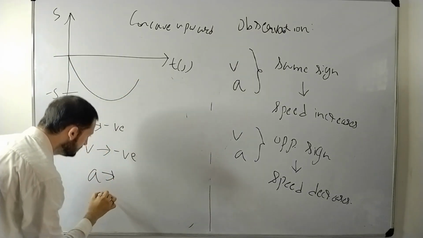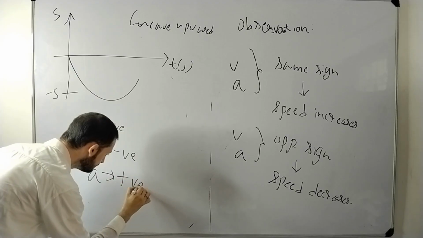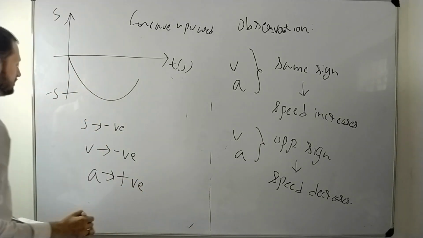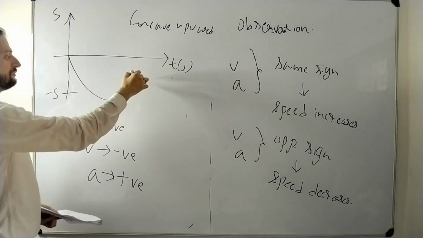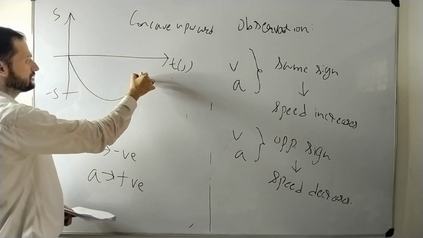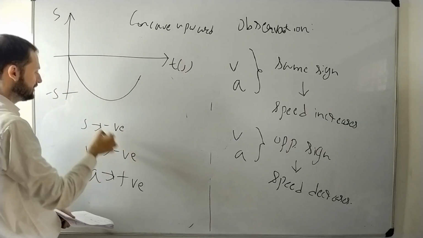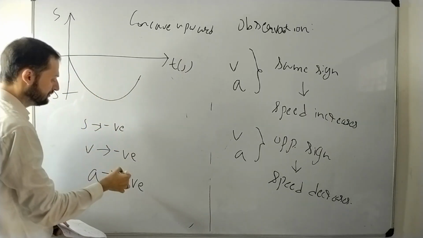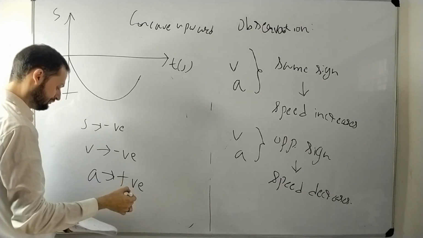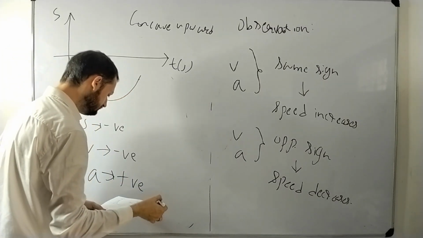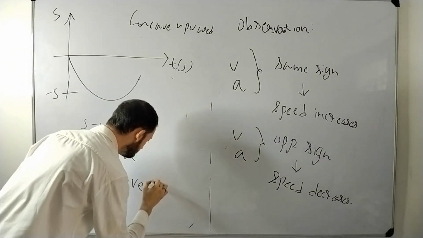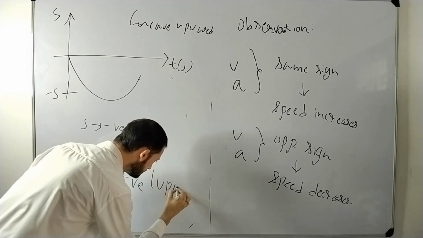A happens to be positive. How, sir? How is A coming out to be positive? Because the concave is upward, no matter if velocity is negative and displacement is negative, acceleration comes out to be positive. So I would write concave upward.